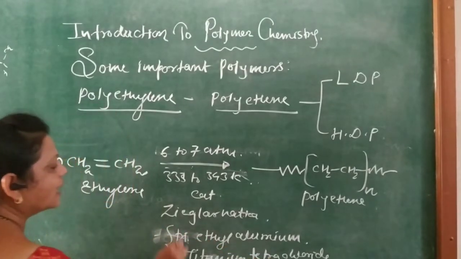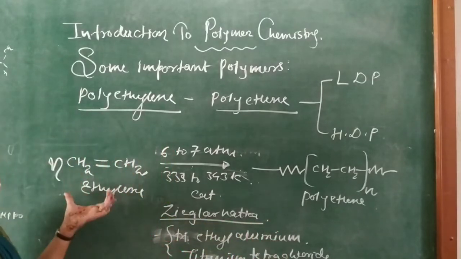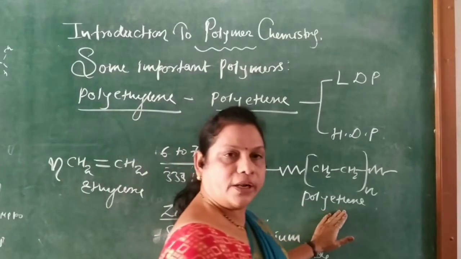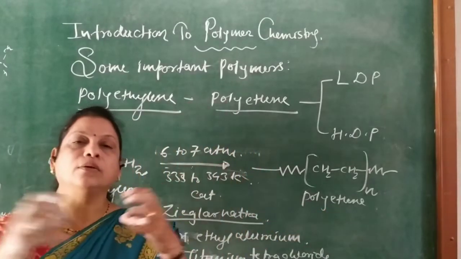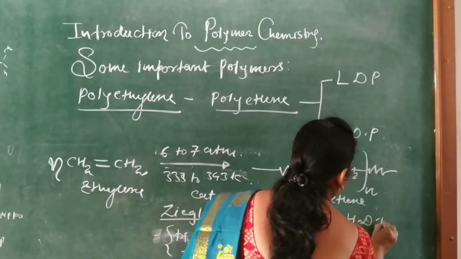In the presence of this Ziegler-Natta catalyst, ethylene on polymerization under these conditions forms polythene, but because of the close association, it is the high density polymer.